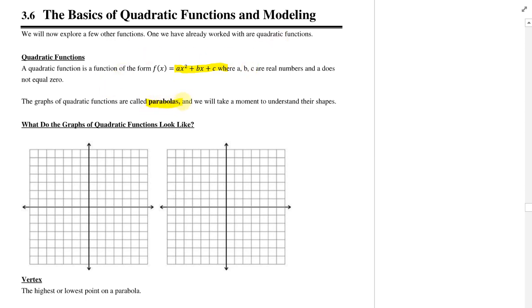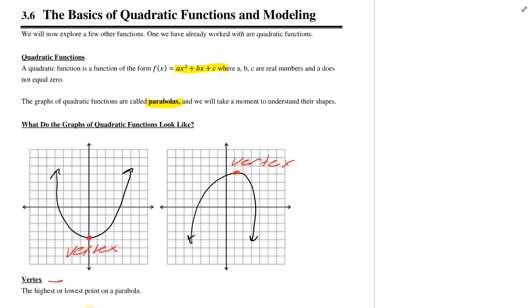So let me show you what some parabolas look like. Parabolas can go like this or like this, and they have some specific terminology. The highest or lowest point is called the vertex. That's this red point here.